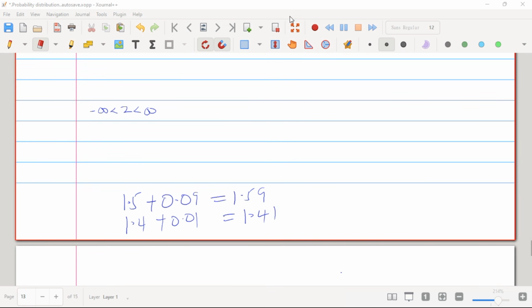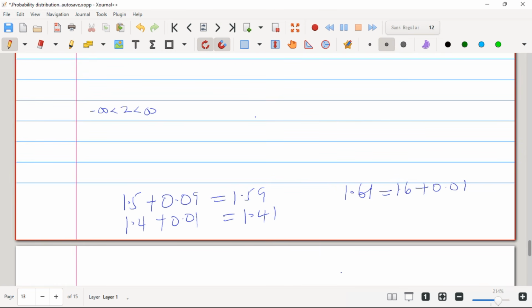In addition, if you have something like 1.61, it means that you can express it in addition terms as 1.6 plus 0.01, right?